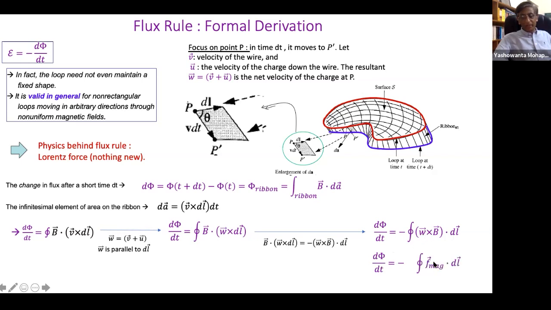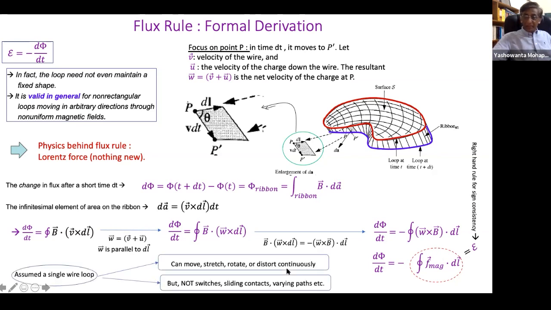That is nothing but the magnetic force per unit charge, F_mag, and this whole thing is nothing but the EMF ℰ. But of course, remember, the right-hand rule for sign consistency is to be observed. Otherwise, there is a sign problem. So in this derivation, dΦ by dt is minus ℰ.